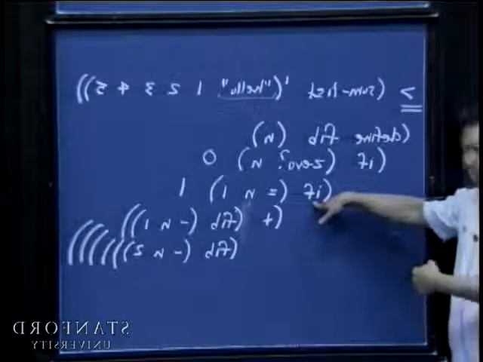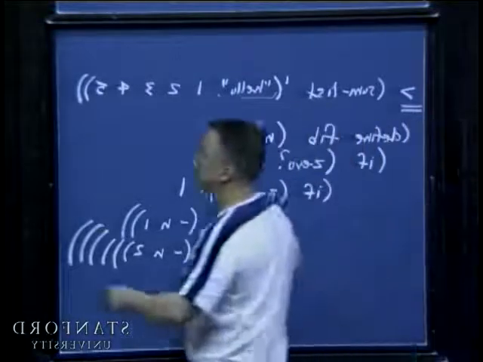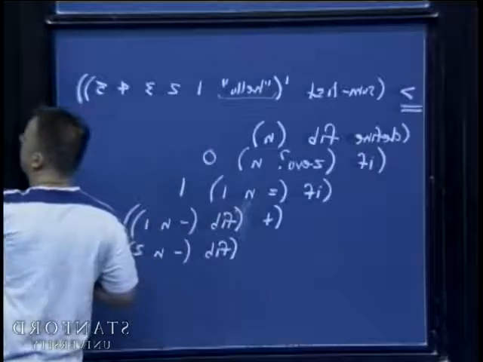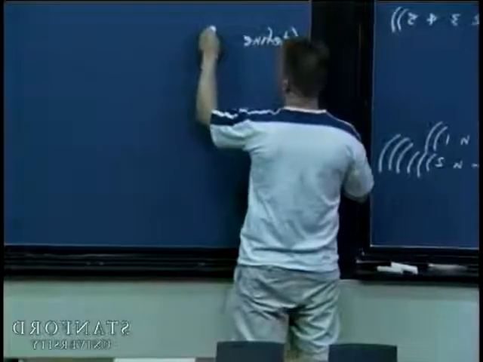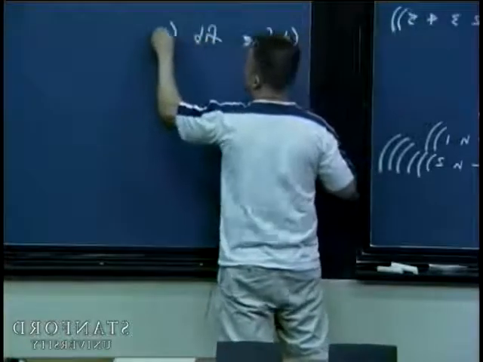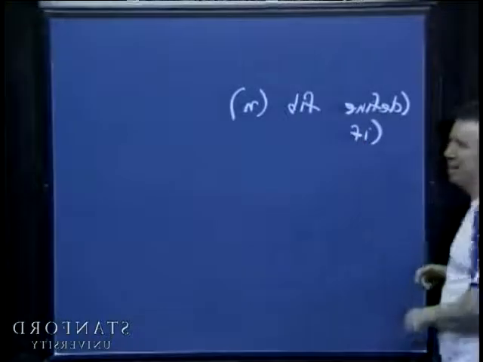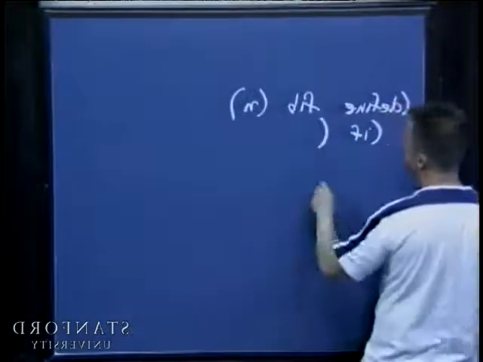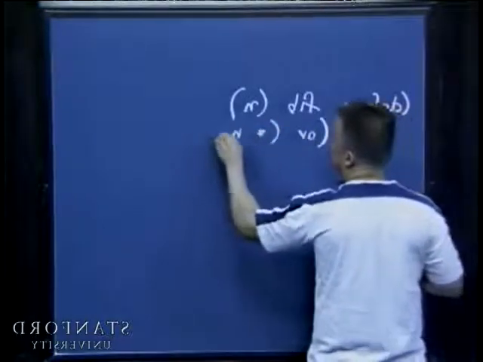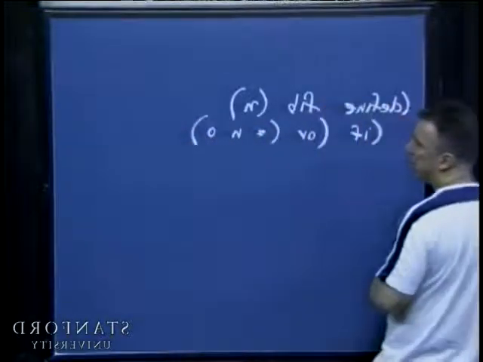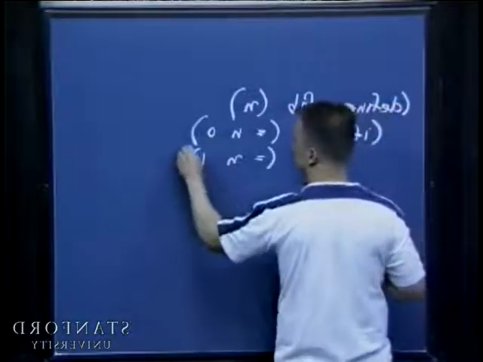Okay, you can actually assemble base cases using OR. I showed you how to do it with AND before, so let me rewrite this. Define fib of n to be this. I would probably do something like this. If it's the case that, let's say, or, you could do 0 question mark n, or you could do something like that. But I just want some symmetry in the base cases like that.